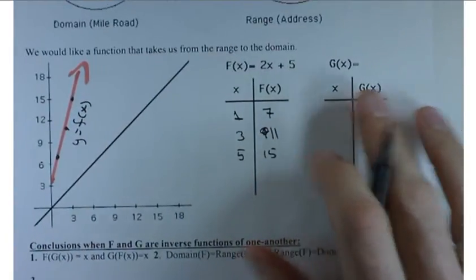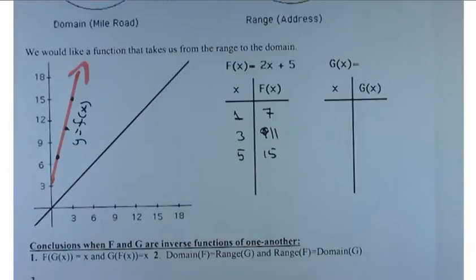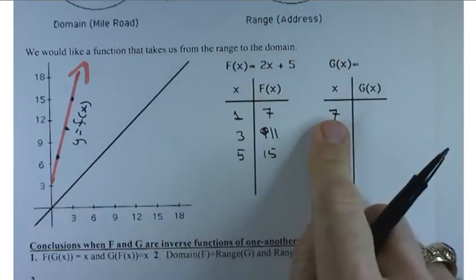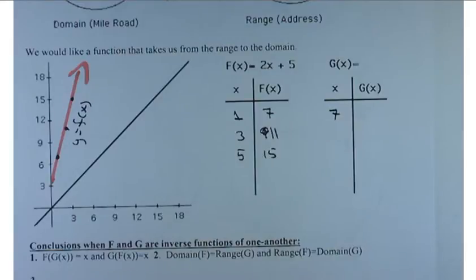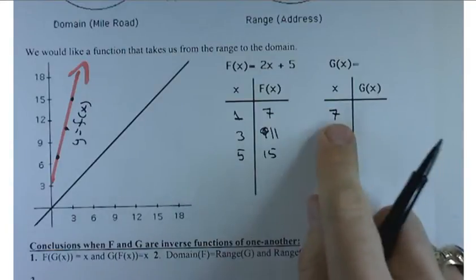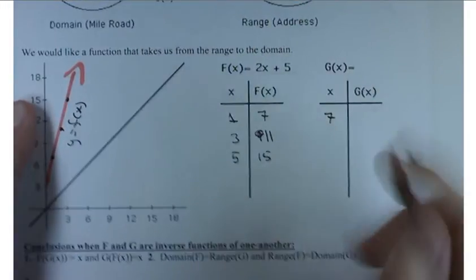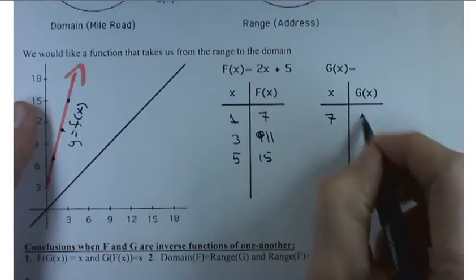But how about the inverse function? The inverse function is going to do the opposite. In the case of this example, if I was at the 7,000 block, then I'd want the inverse function to tell me what mile road I would be at. So if I put in a 7 into this inverse function, what should I get out? A 1.